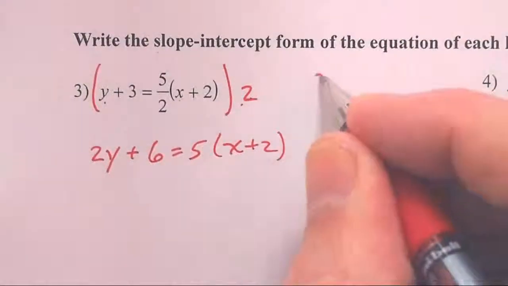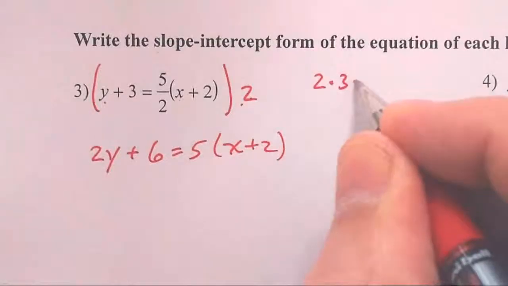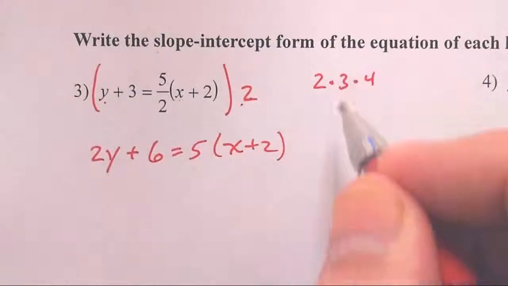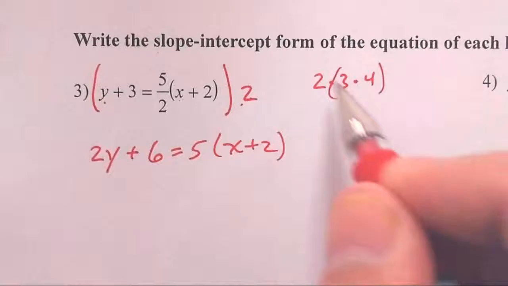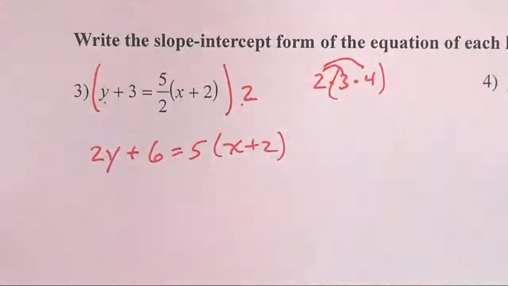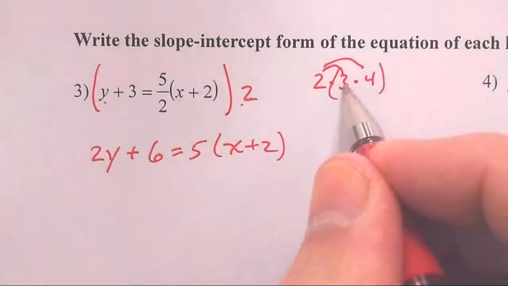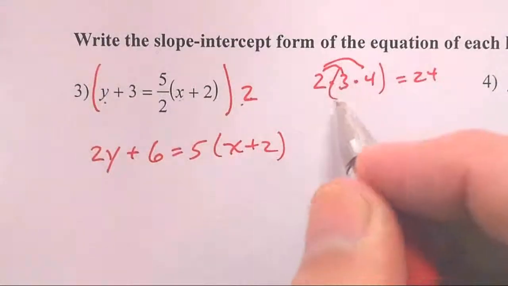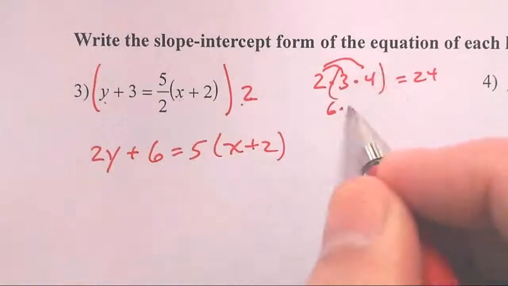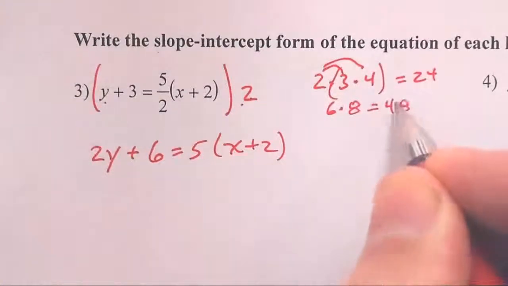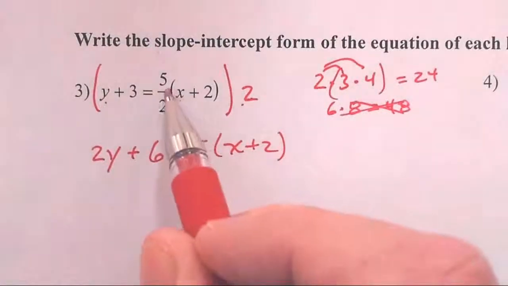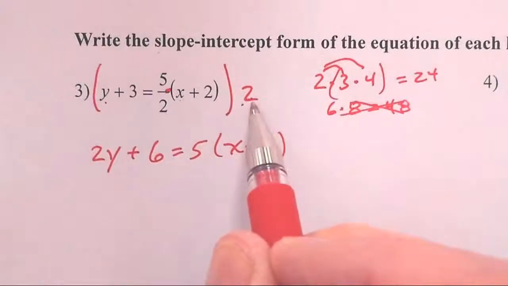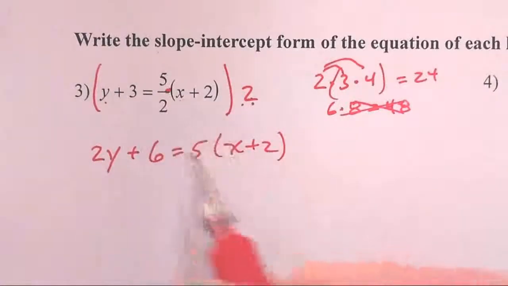Well, if I was taking 2 times 3 times 4, do I distribute the 2 to the 3 and the 4? Well, we know that 2 times 3 is 6 times 4 is 24. But if I distribute the 2, I get 6 times 8, 48. The fact that these are multiplied, I only have to multiply the 2 by one of those factors.